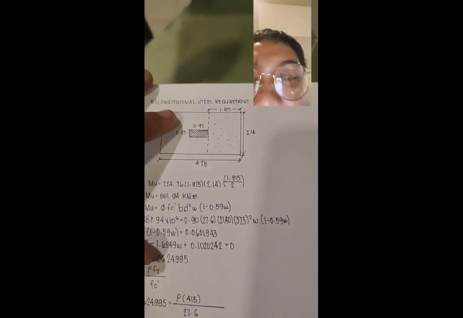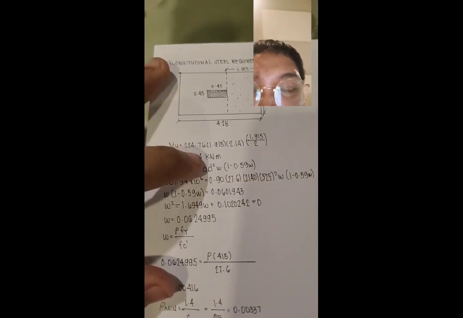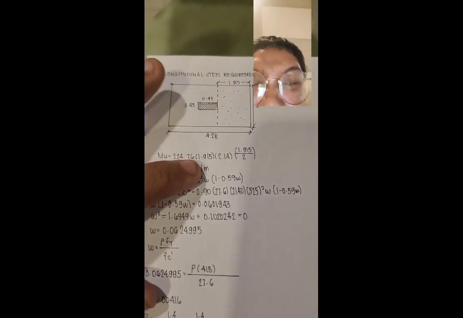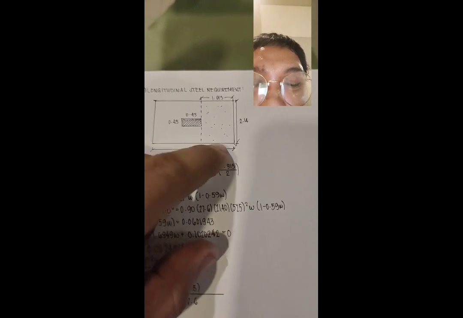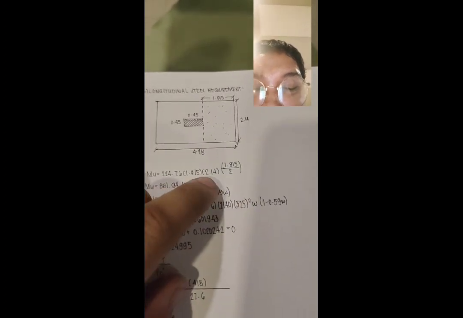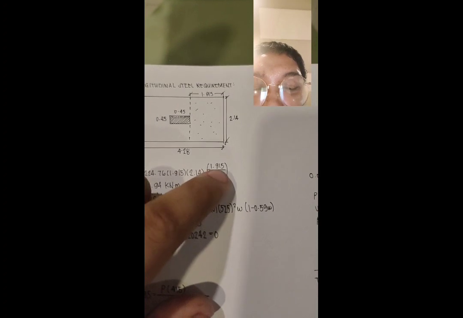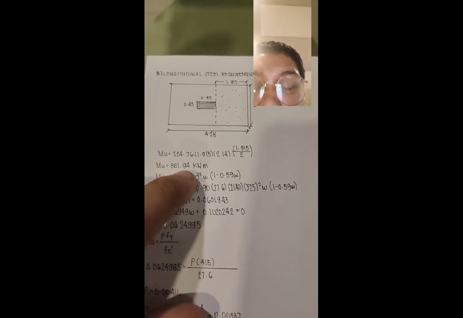For letter B, longitudinal steel requirement. So MU equals 224.76 times 2.14 times the distance 1.915 all over 2. So MU equals 881.94 kilonewton meter.